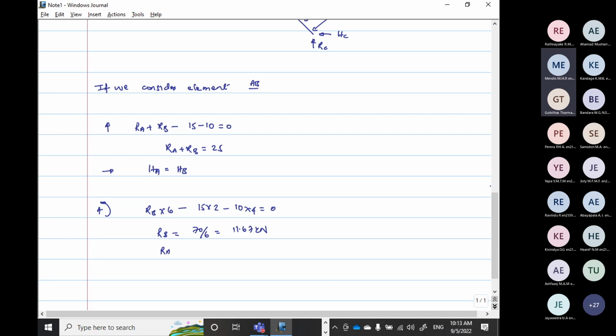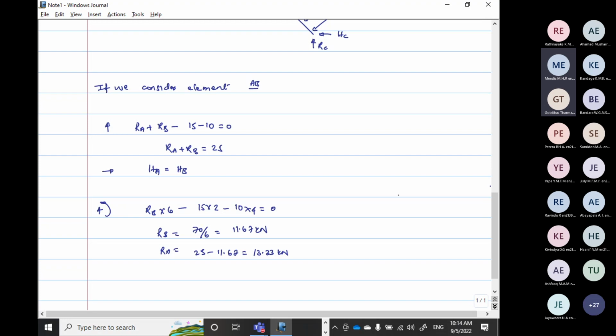So RA is 25 minus 11.67. That is equal to 13.33. Okay, so we have found the reactions RA and RB.